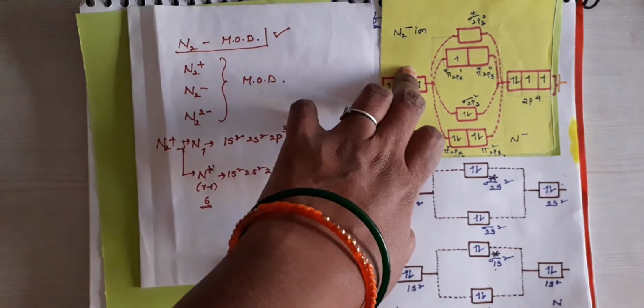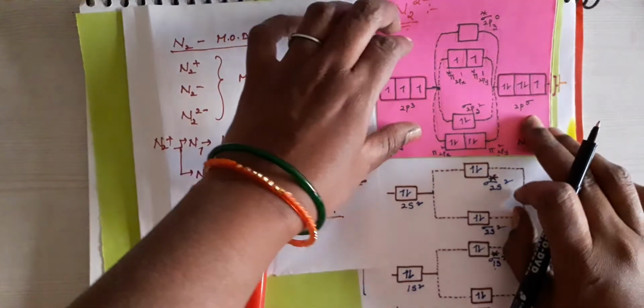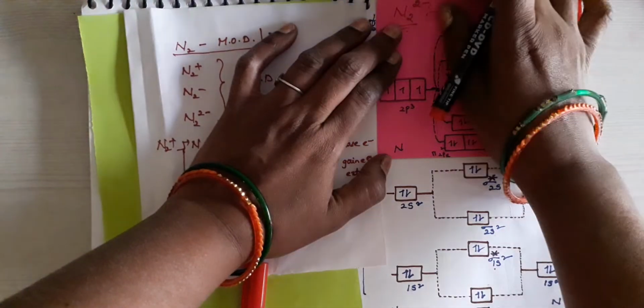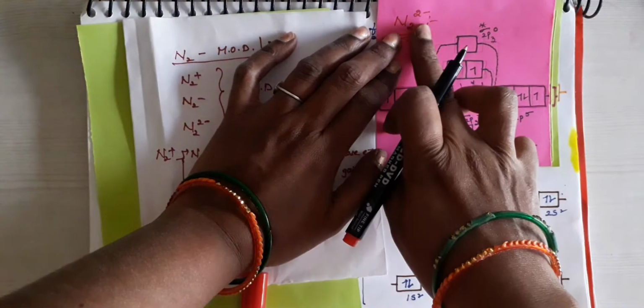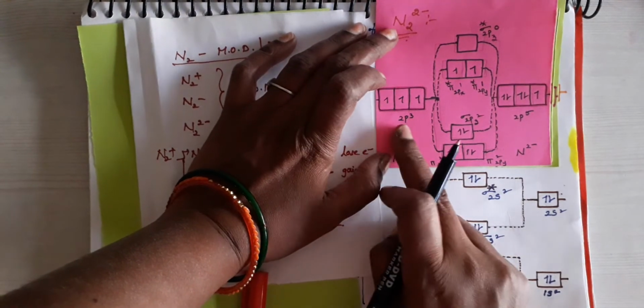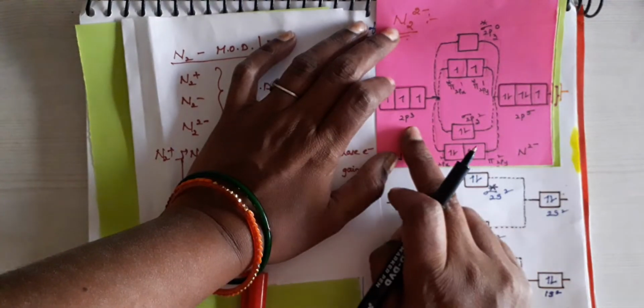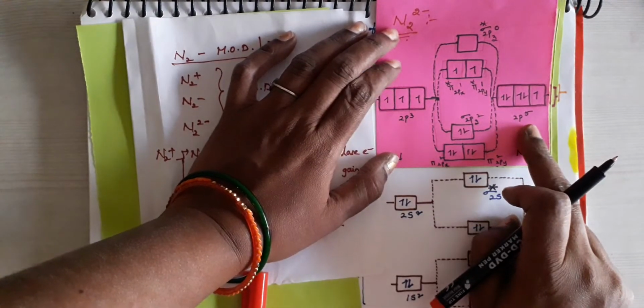Same for the N2 2 minus ion. See here, how many extra electrons are present? 2 extra electrons. On one side is normal nitrogen with 2p3, and in place of 2p3 we have to write 2p5.